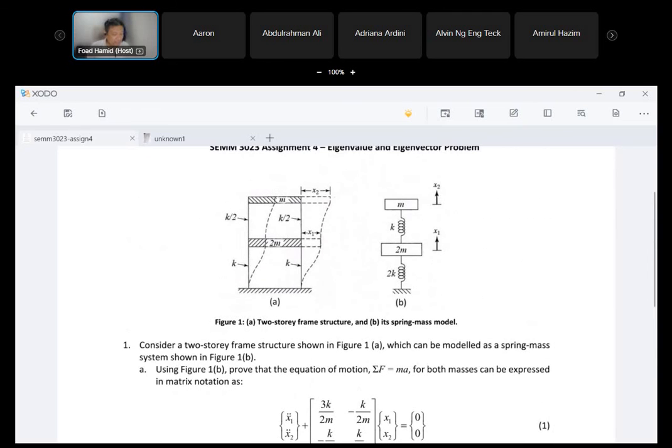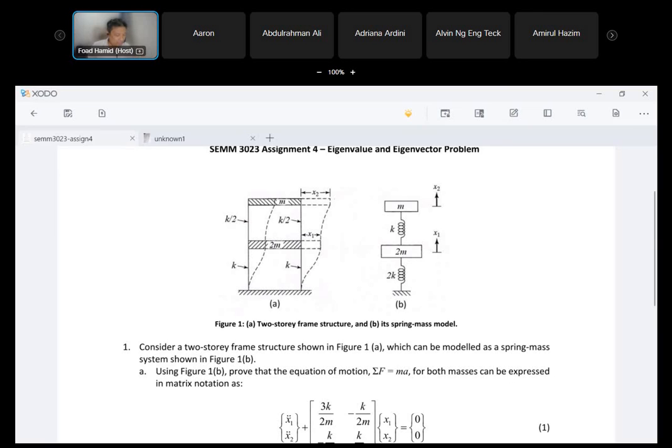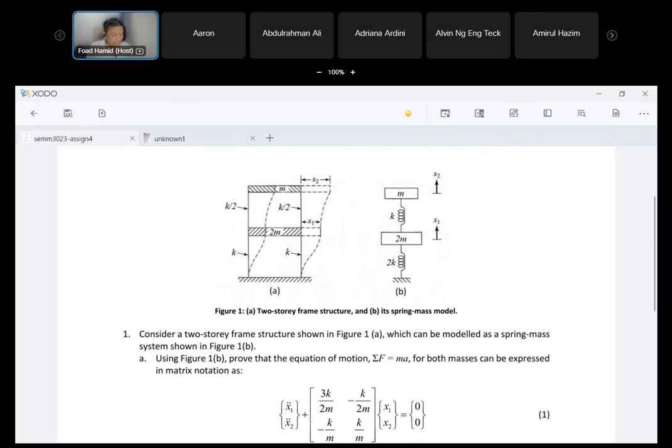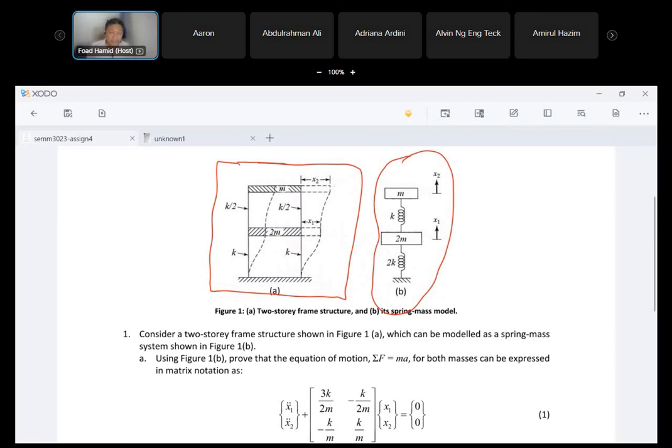So basically what I want you to do here is to derive or show, because this is the problem, and it can be modeled as this, which is a mass spring system. But in real life, you have one more, what we call a dashpot or a damper, because you do not want your building to shake continuously.